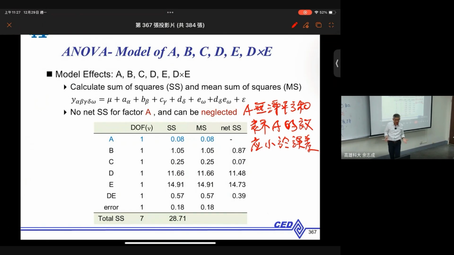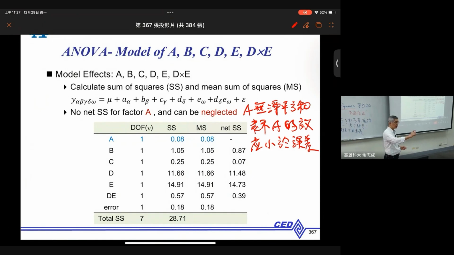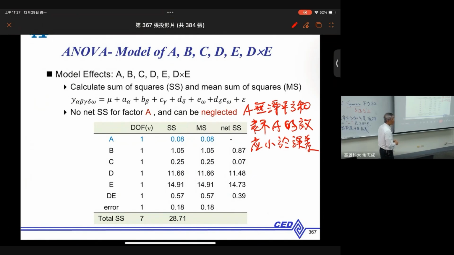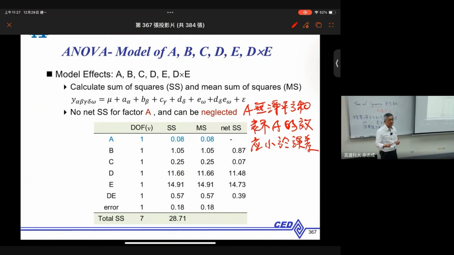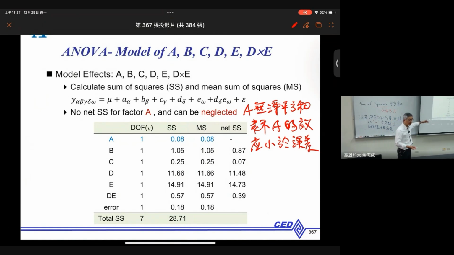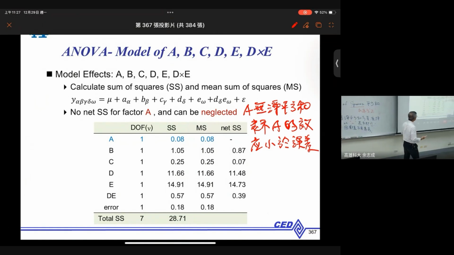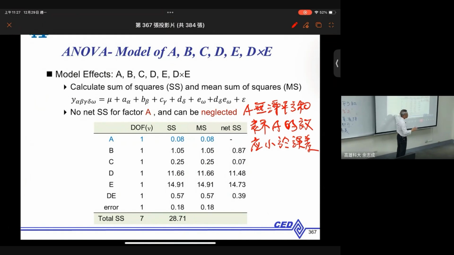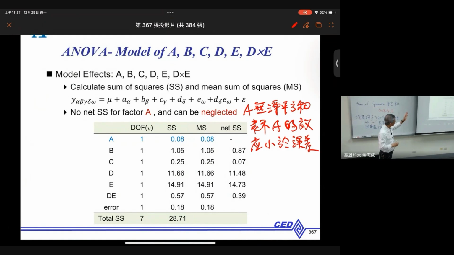If it is smaller than 0, it is meaningless to compare. 就跟你的秤的误差是正负5公斤，那你任何小于5公斤的数字是没有意义的。So any number smaller than 0 is meaningless, which means that the effect is negligible. Using your experimental design, you cannot determine the effect of A is different from 0. If it is similar to 0, it is negligible.